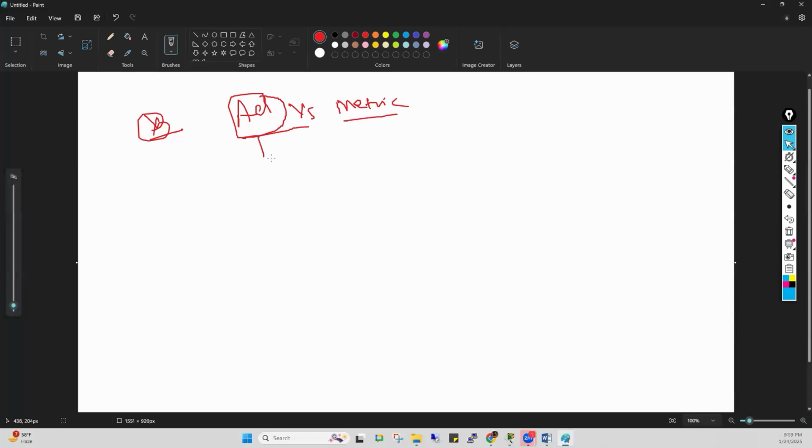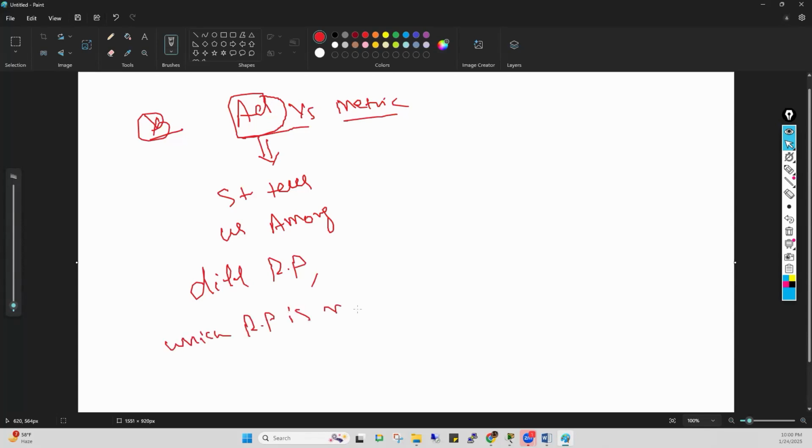Now, again, if I ask you a very basic question, what is the difference, AD versus metric? See, what I told you, AD tells us, among different routing protocols, which routing protocol is more trustworthy, right?